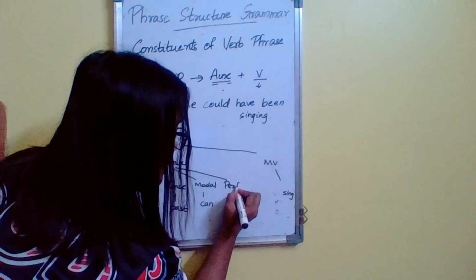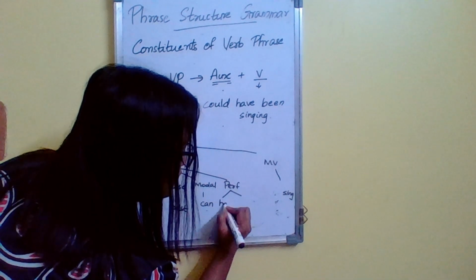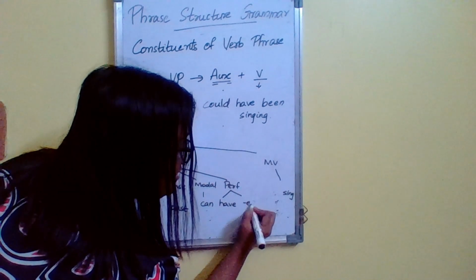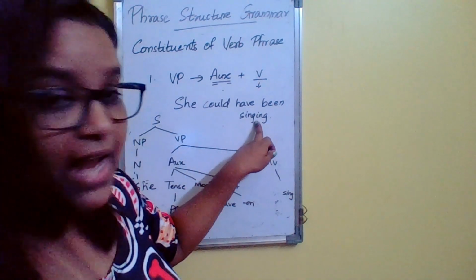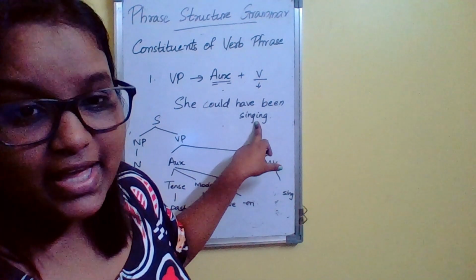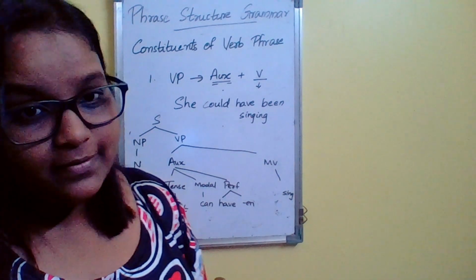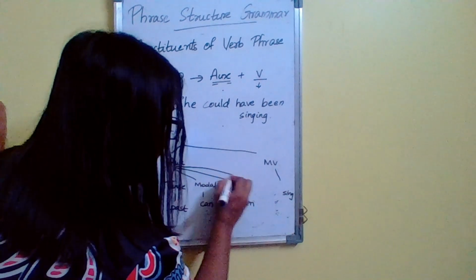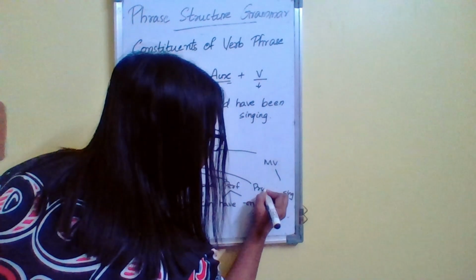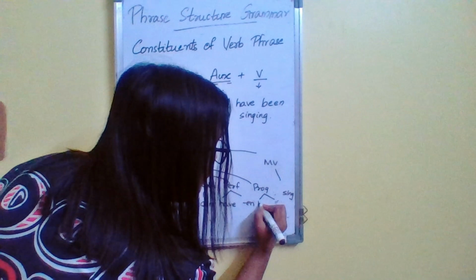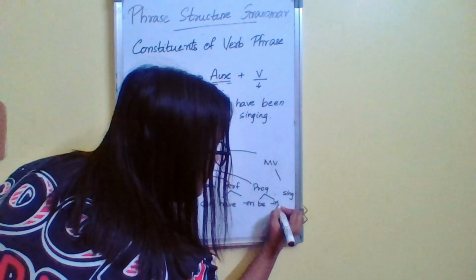Perfective. And whenever perfective appears, you have to write have plus en. And then there is an ing over there. That means we have to account for progressive element. So let's do a progressive too. Whenever progressive appears, you have to write be and ing.